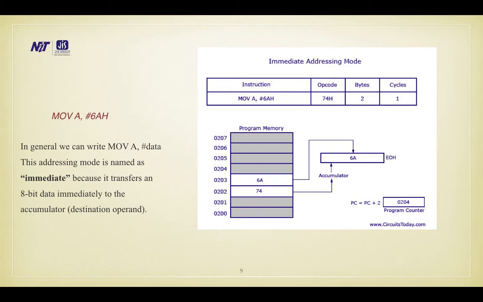So the program counter's next address will be 0204. The initial address is 0202, then it is incremented by 2.